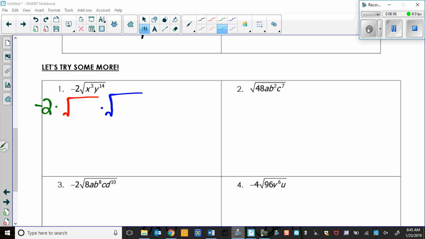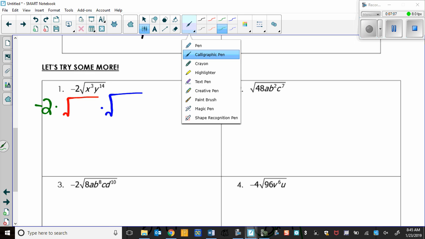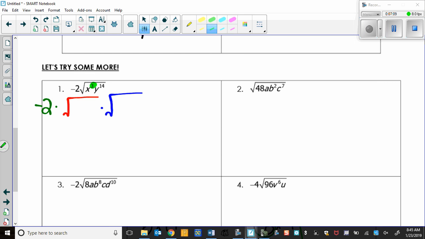All right, so I'm ready to start this problem. Don't forget about the -2. That's going to come into play at the very end. But what I want to do is highlight all my exponents here. I have 3 and I have 14. Remember, we are trying to find even exponents and placing them into the left-hand radical, and then whatever's left over will go on the right.